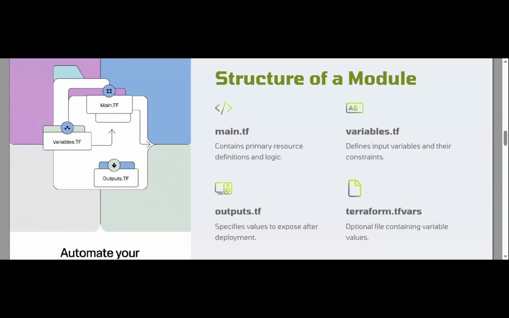It specifies the values to expose after the deployment, what values you want to display. Input variables, like the instance name, the instance we have created. So every Terraform module will contain a main file, variables file, and output file.